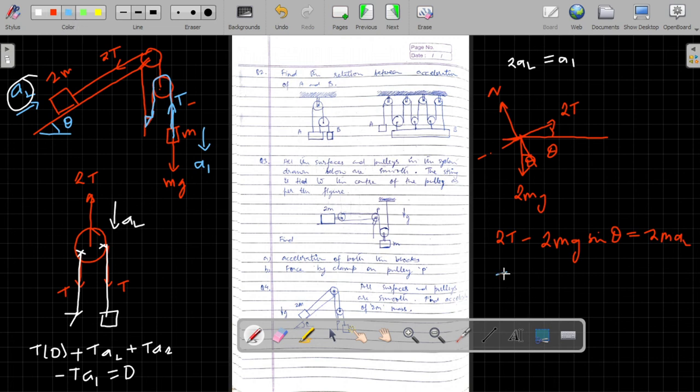So we would write T minus mg sine theta is equal to m into a2. That is our first equation.